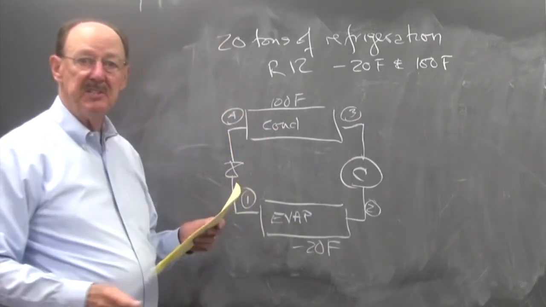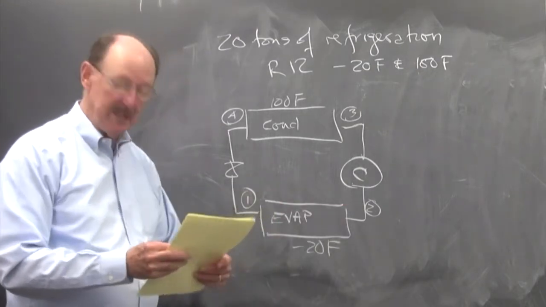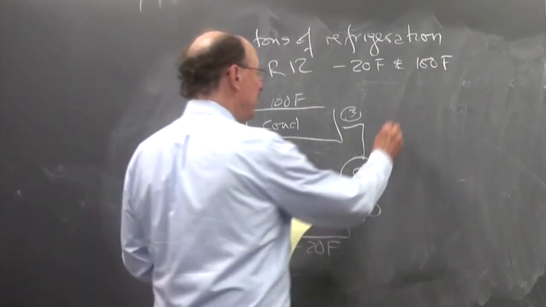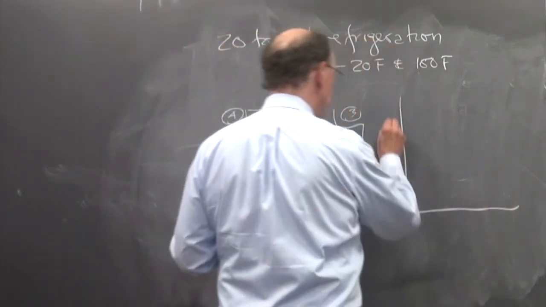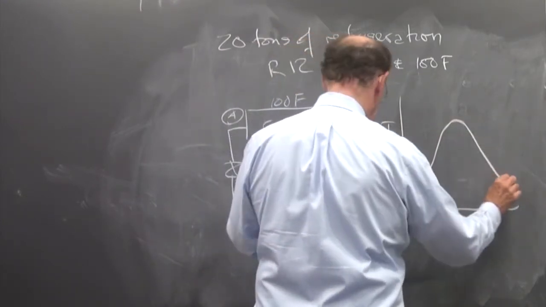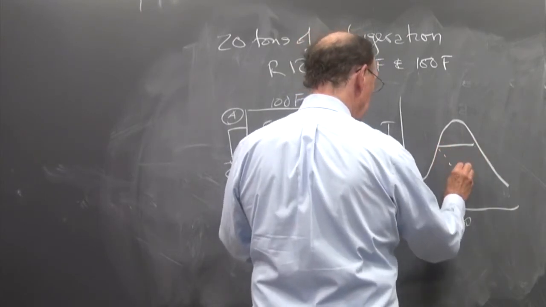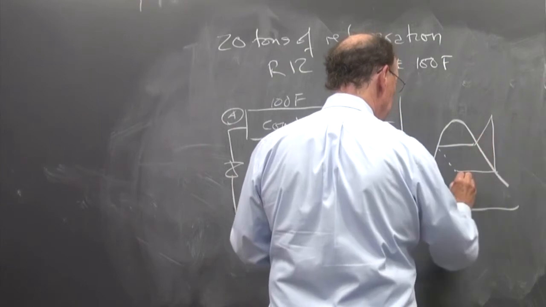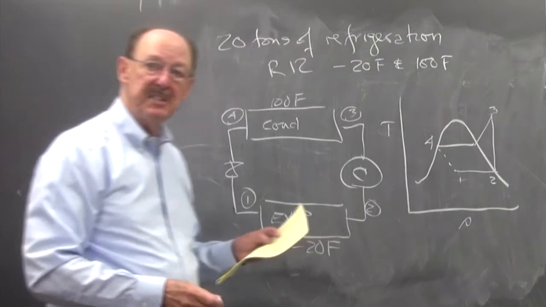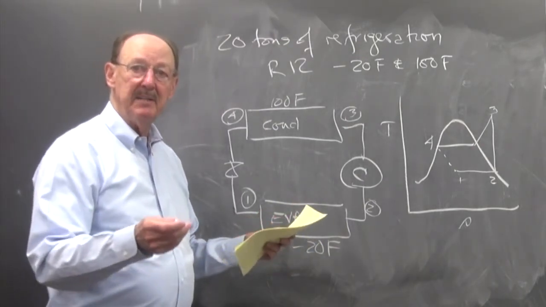I try to use a consistent numbering system, so that each time I start with the evaporator, and this is where number 1 is. And so when I draw the TS diagram for this, we have the TS diagram that accompanies this. Now we have to look up the properties in the tables.